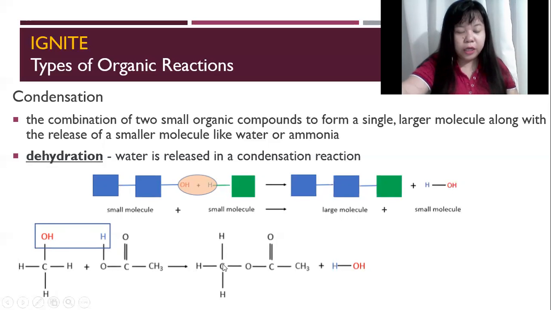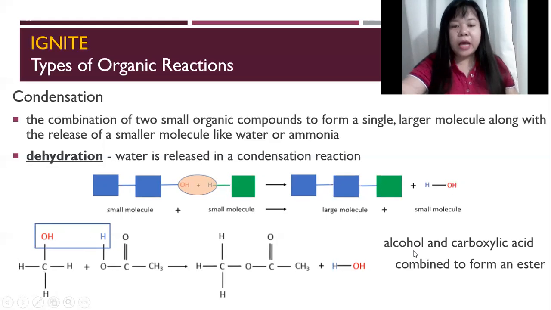So the carbon here gets connected to the oxygen of the other molecule. That's why you have a CO bond there. Okay, so the alcohol and carboxylic acid combined to form an ester, and water was released.